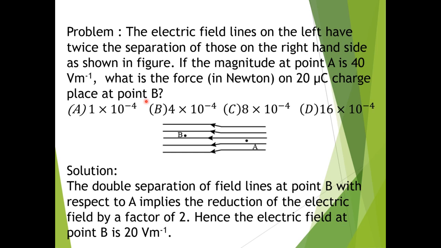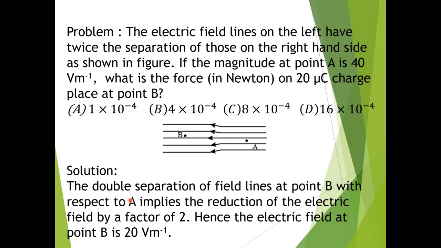So here is the charge which is placed at point B, and we have been told that electric field lines on the left have twice the separation of those on the right hand side. So these are twice as separated as those on the right, and the magnitude of this electric field at point A is 40 volt per meter.